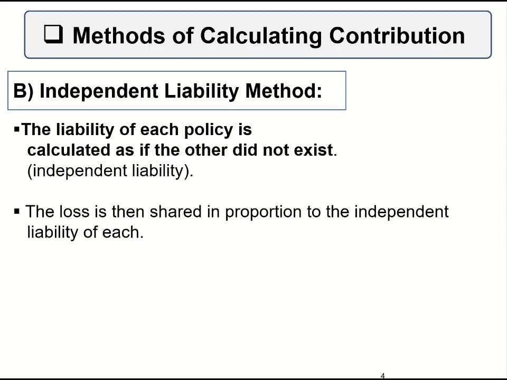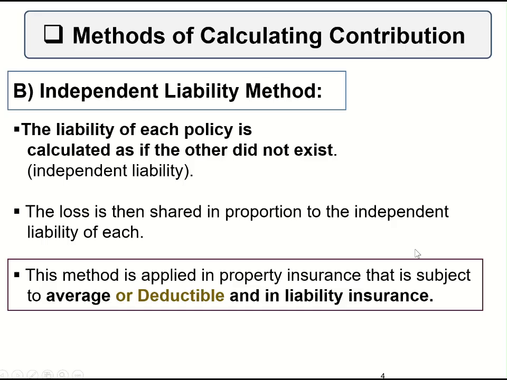That's why it's called independent liability. So we calculate the liability for each policy independently of any other policies covering the loss. Then the loss is shared between the two policies in proportion to the independent liability of each.